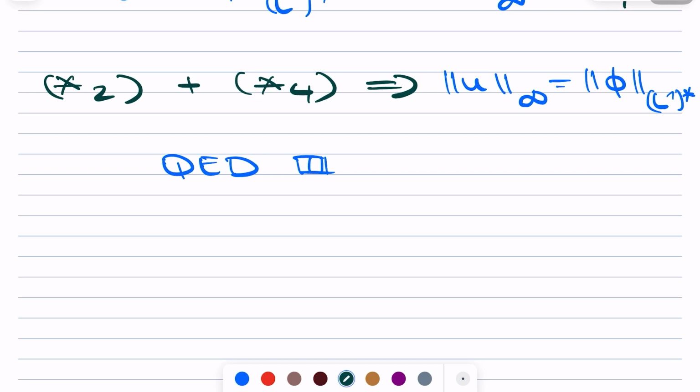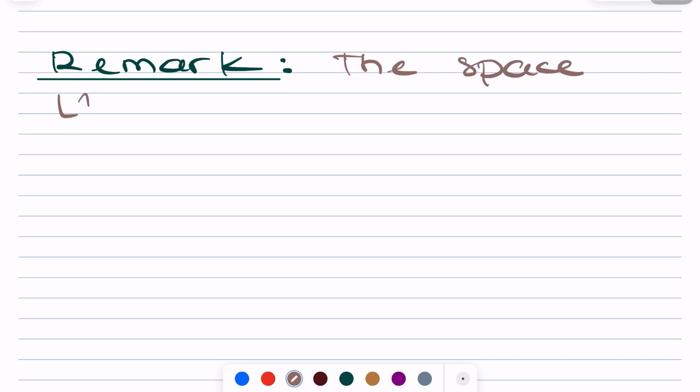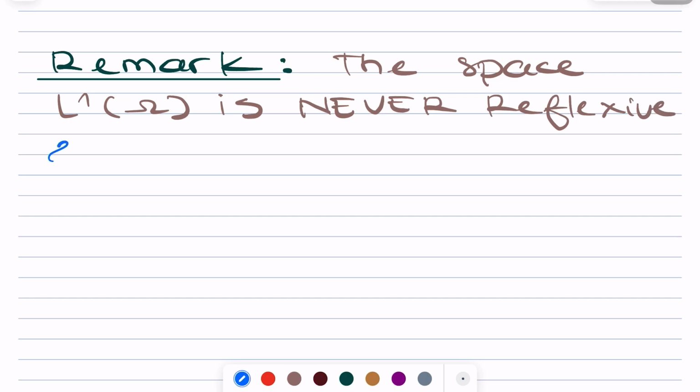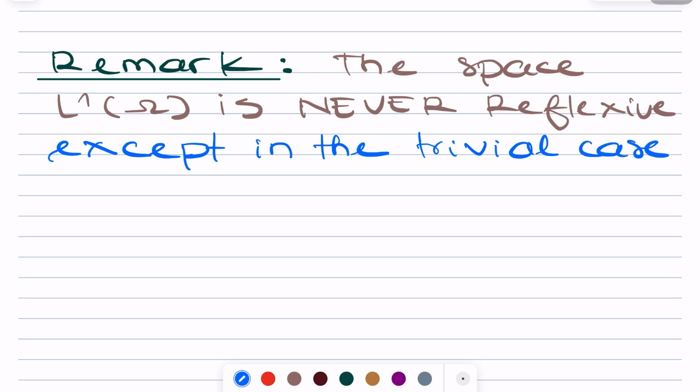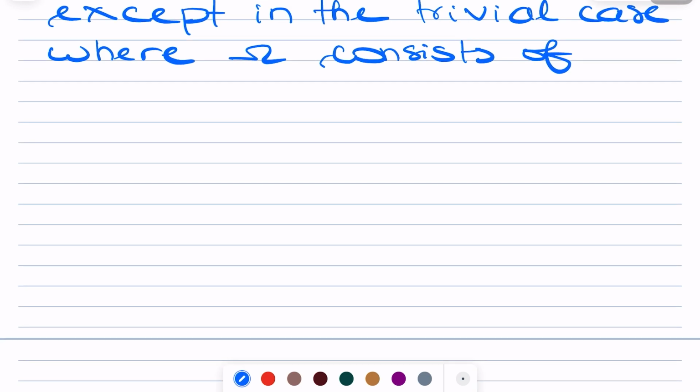Okay, so remark. The space L1 of omega is never reflexive, except in the trivial case where omega consists of a finite number of atoms.